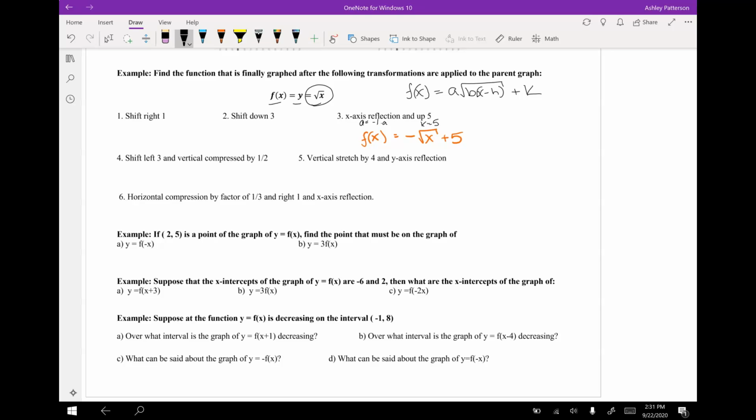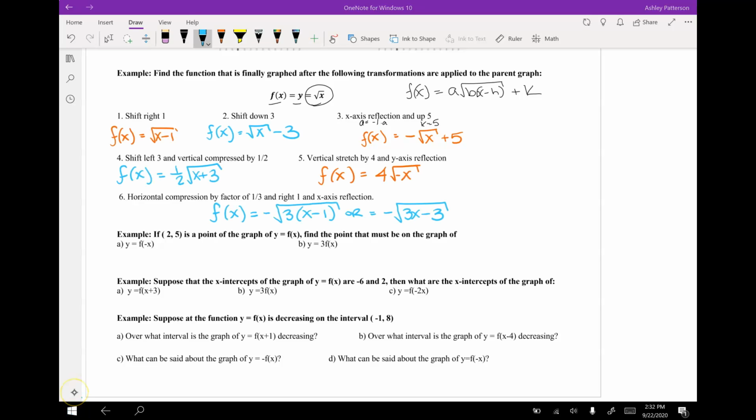I want you guys to pause it and attempt 1, 2, 4, 5, and 6, and then hit play and see how you do. How do we do? Take a look. A couple things to note. The h value is the opposite sign, right? So we had to think about that with numbers 1 and 4 and 6.